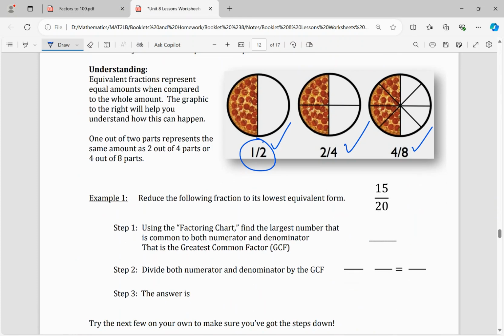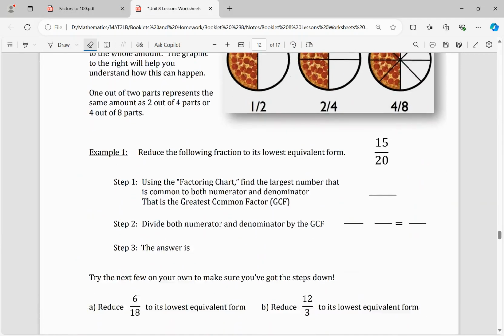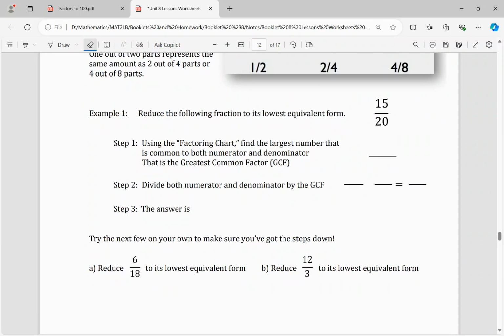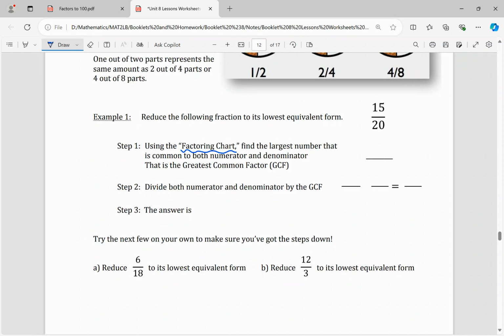So, the idea is that you will have a fraction such as 15/20, and you will need to reduce it to its lowest equivalent form. And step one is actually to jump right to the factor chart. You're going to go to the factor chart and you're going to look for two different numbers.